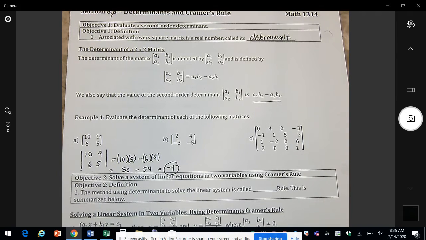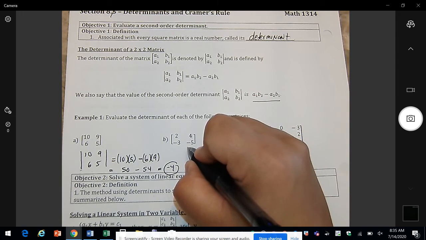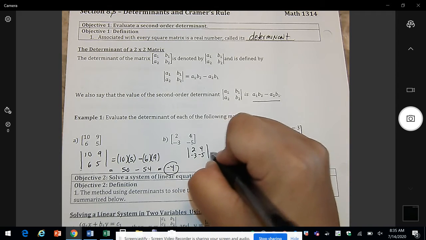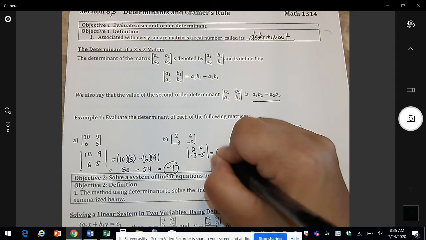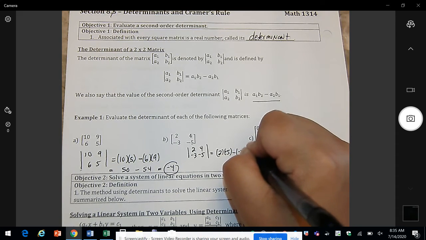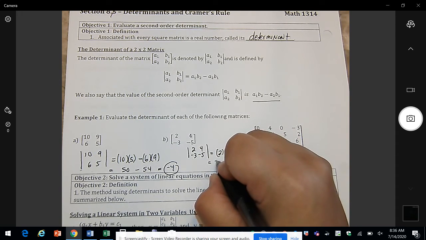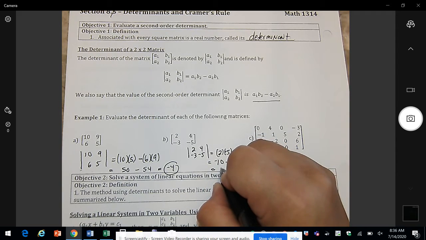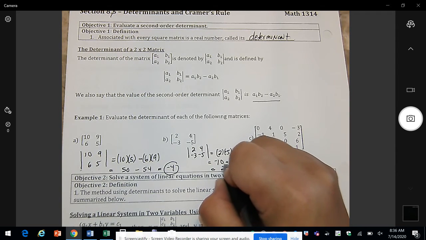For letter B, the determinant would be 2 times -5 minus -3 times 4. So we get -10 minus -12, and that's going to be equal to 2.